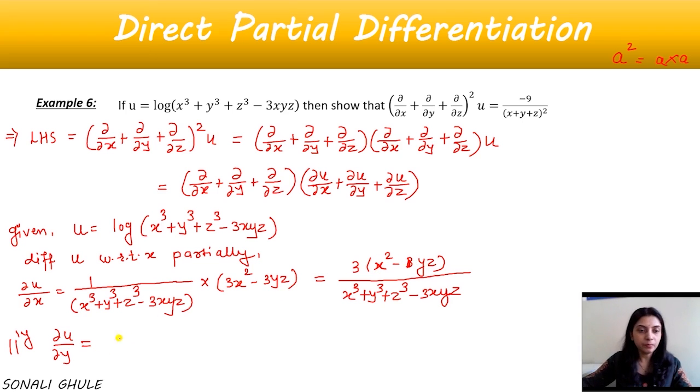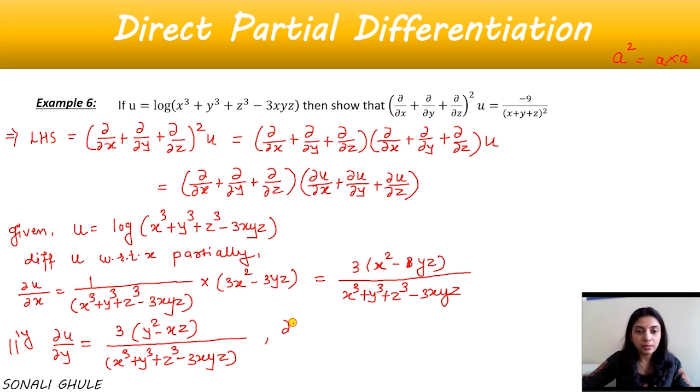So here I can directly write the derivative now: 3y square minus xz, right, upon x cube plus y cube plus z cube minus 3xyz. Okay, so here I have taken a derivative, and you can write the derivative of this term in the numerator by differentiating this with respect to y. You will get the same value here.